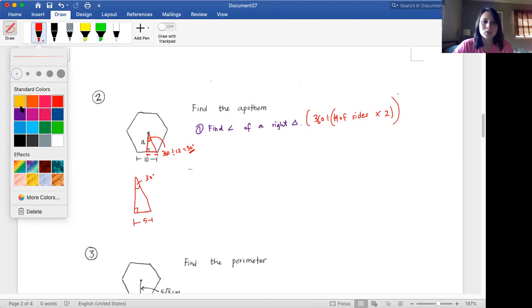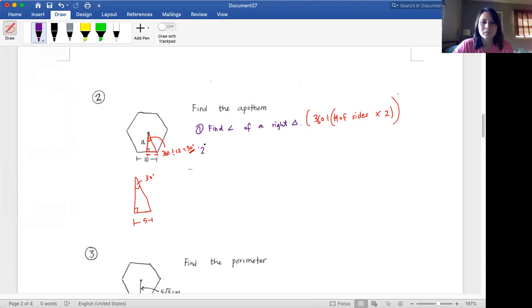So step 2, given the angle and base of the right triangle, use trig functions to find the apothem or the missing side.